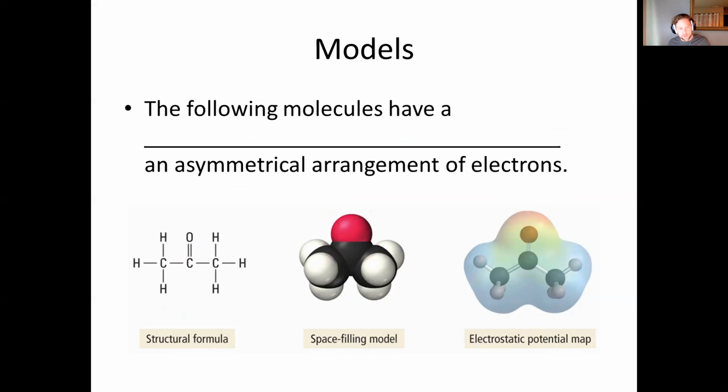So there's several different models we can use to show the differences in polarity or the lopsidedness of molecules. Lewis structures are a good way of just showing the structure, but don't always show the best type of geometry, because you can draw the Lewis structure in a way that they look linear, where in reality this is not a 180-degree bond.